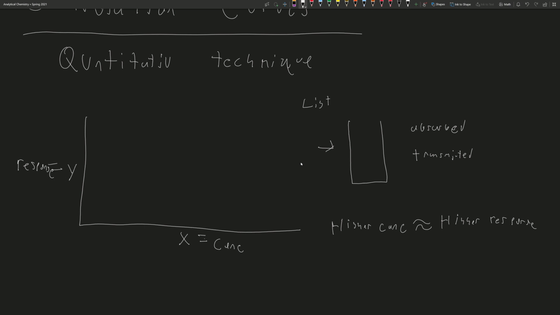And if this is the case, if our concentration is proportional to the amount that it's being absorbed, we are going to get what's known as a linear graph.